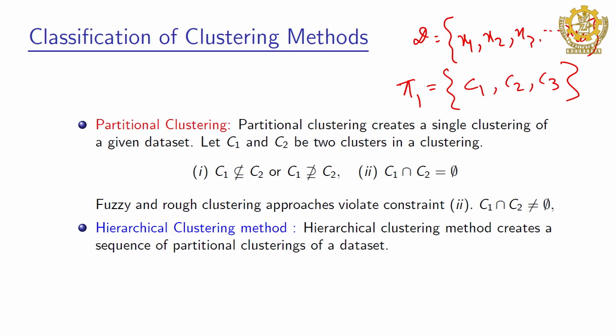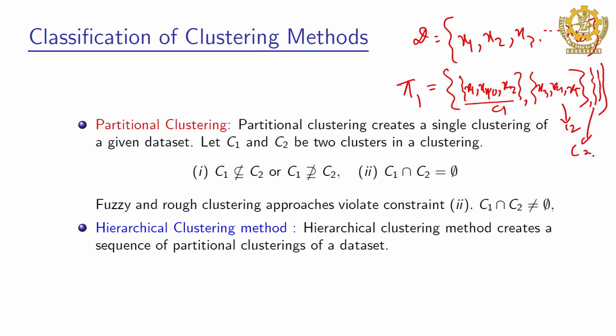Instead of C1 we can write, for example, x1, x10 and x2. So this is C1, and then another may be x3, x4, x5. This may be C2, and the rest of the objects will be C3.